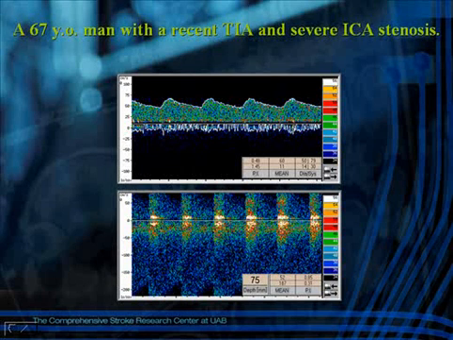And the waveform below shows a very high velocity jet with diastolic velocity approaching 190 centimeters per second. This is a part of a partial arterial cross-filling in that particular patient.